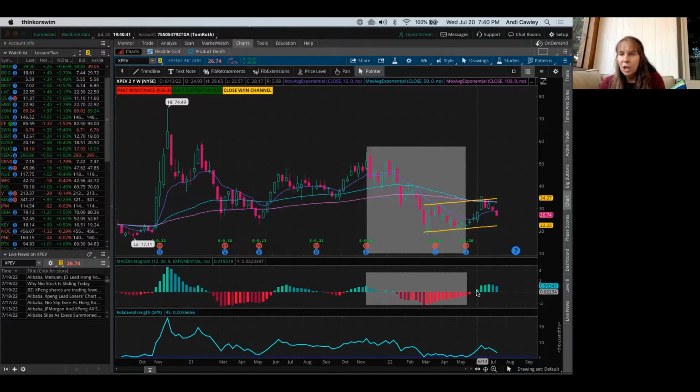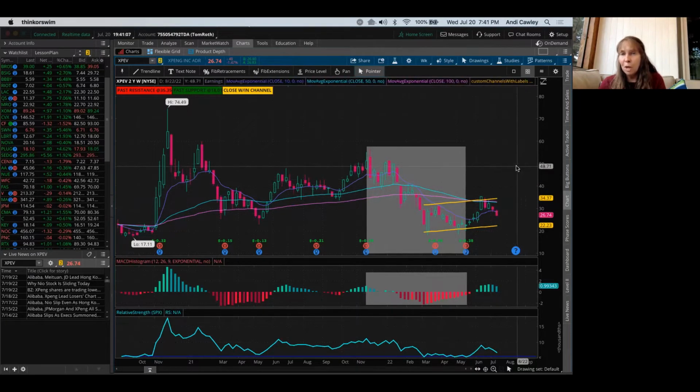So the suggestion would be once you get over to this point here, you have confirmation that your downward trend is now an upward trend. And you can see the channels are starting to go upward. So I would think that channel could possibly keep tilting higher and higher.